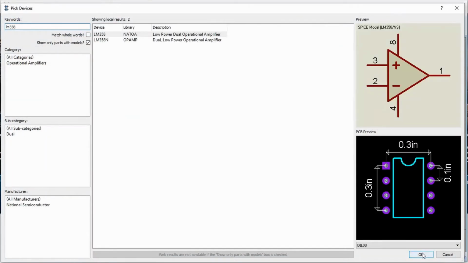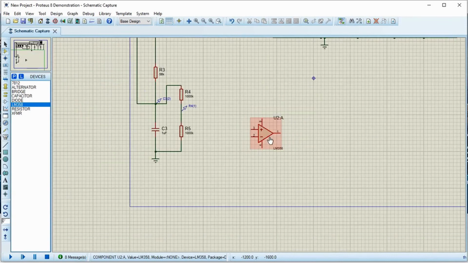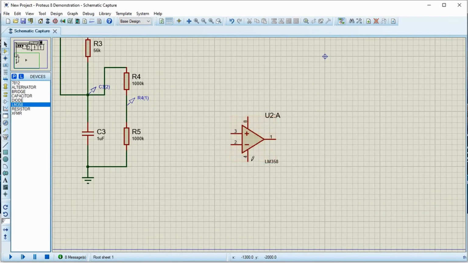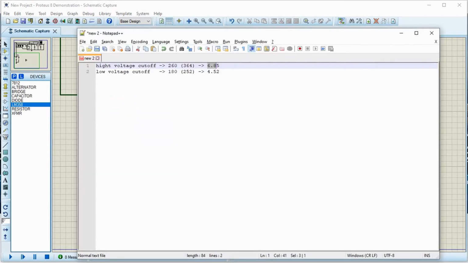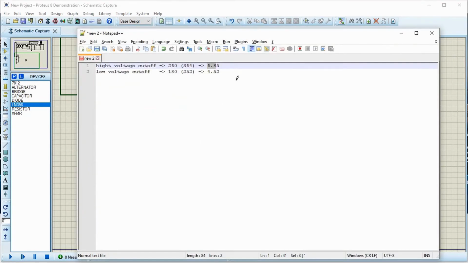LM358. So let's set up this comparator so that my output is high when my voltage is below 260 volts.